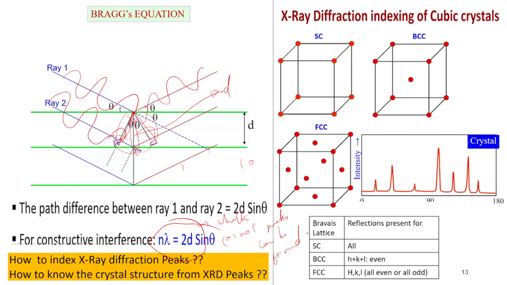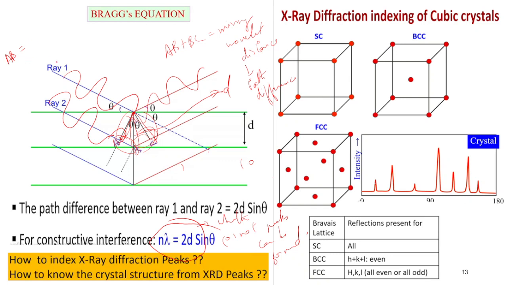But we do not know what this is, and we have to find this. So what we should do is find AB plus BC, which is the missing wavelet distance. We can also call it path difference, because there is a difference in path between this and this. So that path difference is AB plus BC.